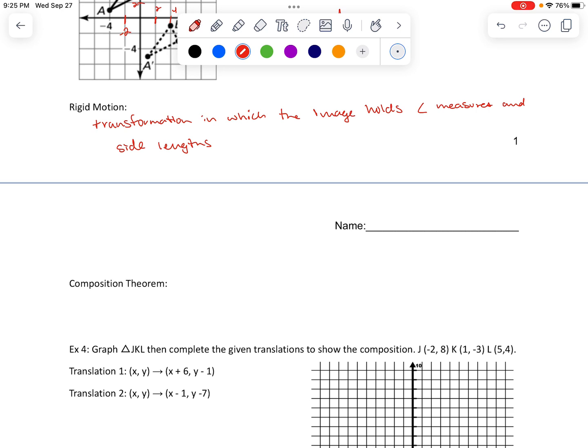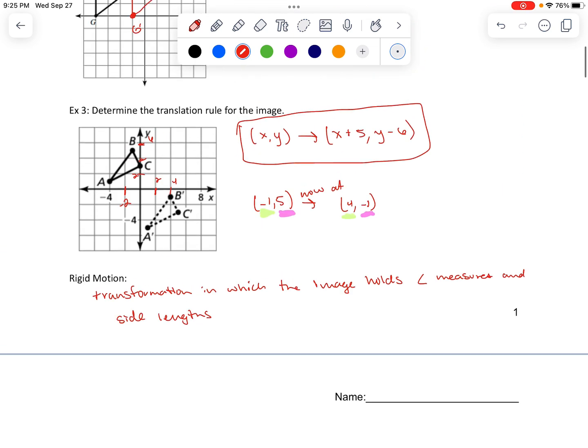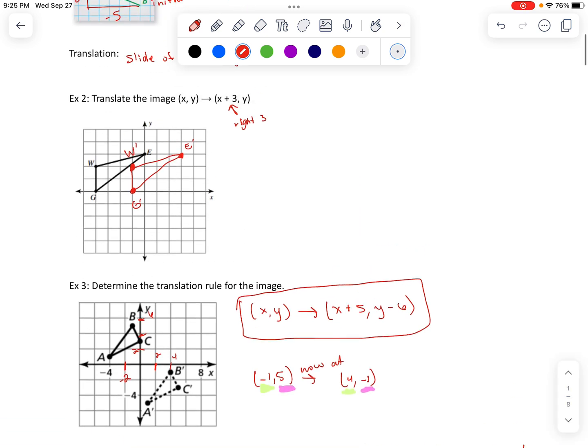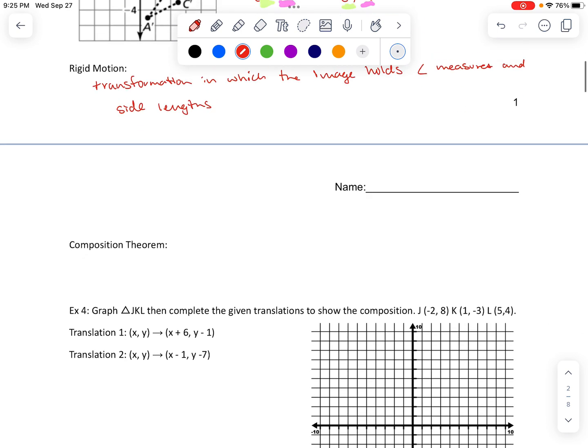They're all congruent. We'll talk about different rigid motions, but a translation is a rigid motion. Nothing changed as far as the angle measures or the side lengths. They all stayed the same on both of these situations. So a translation is a rigid motion. We will talk more about them and figure out, are all of the transformations rigid motions? The answer is no. So I'll highlight the one that's not for sure.